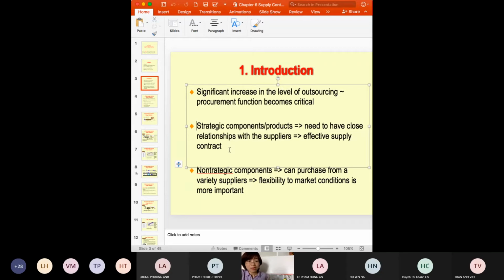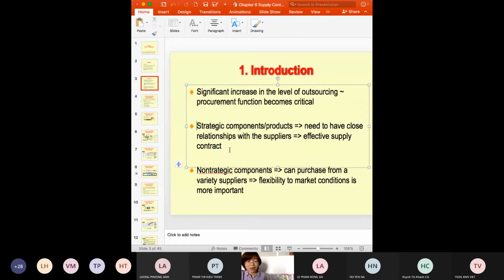But for a non-strategic component, it's different. For example, products like electricity, computer memory, oil, we can find from various suppliers. So we can select which one is cheaper, which one has faster delivery.